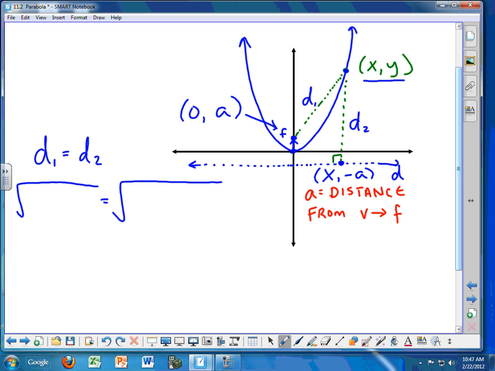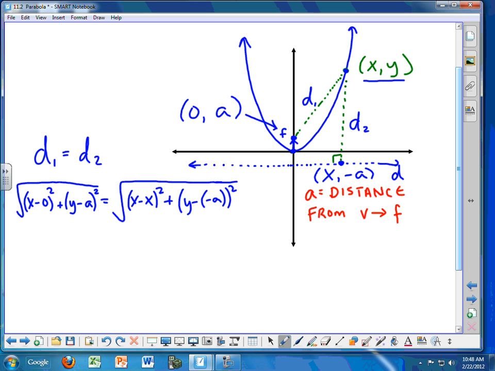So square root of x minus 0 squared, and then plus y minus a squared. And that's going to be our first distance. And then the second distance down here will be the vertical one. So that's going to be the square root of x minus x squared plus y minus negative a squared.